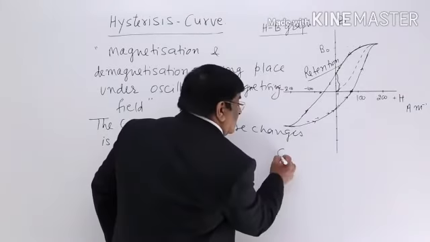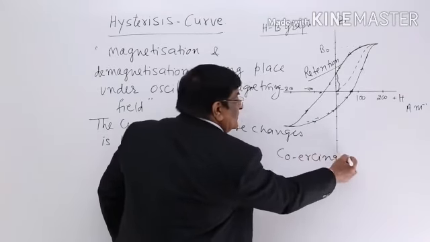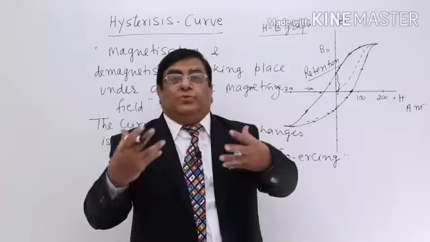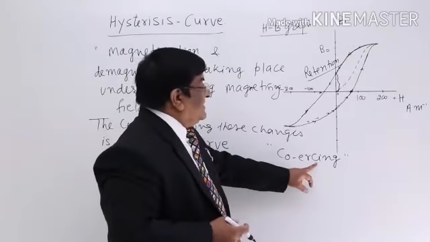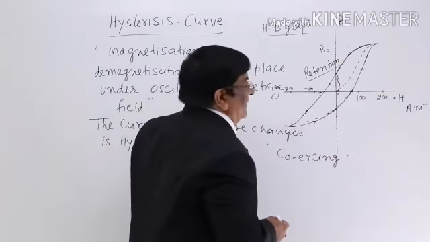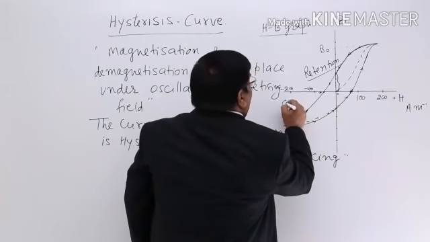This process is known as coercing. You know, coercing, applying a force and making something do. So this is done and B is made 0. This is coercing. Who has done the coercing? H, the magnetizing field. So this is the coercing point.